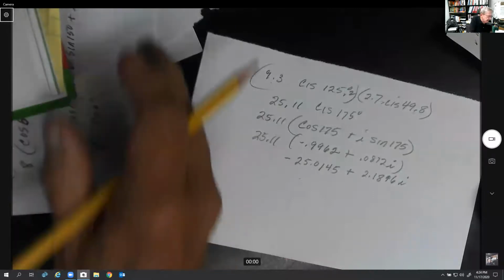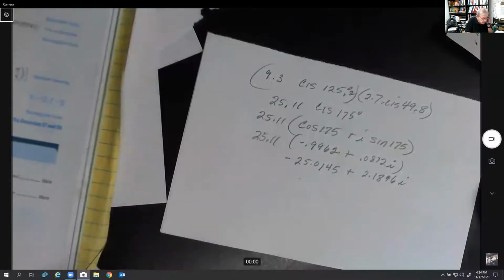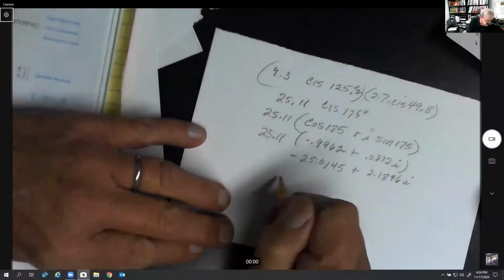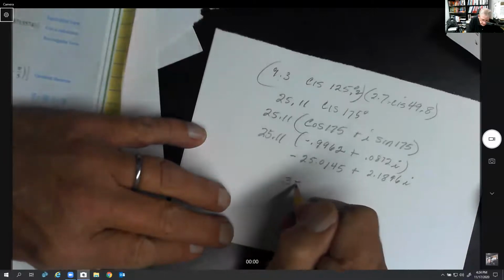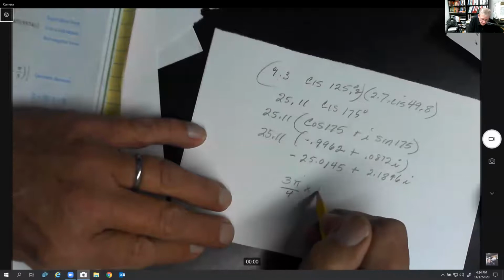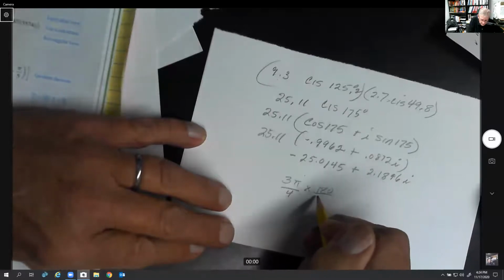On the next example, they're using radians. You might want to convert those radians to degrees. It might be easier to work with, unless you want to work with radians. But to change a radian to degrees, remember, you're just going to multiply it by 180 over pi.